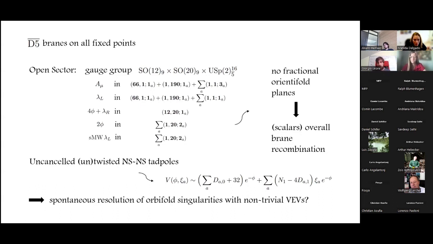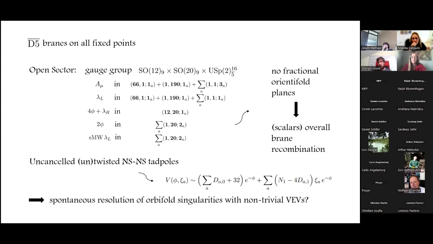But the important point to notice in this vacuum is the fact that we don't have light states transforming into the bifundamental representation of the anti-D-brane gauge group. This has a straightforward geometric interpretation, because strings that are stretched between different anti-D-branes can only yield massive contributions, because the anti-D-branes are placed on different fixed points.